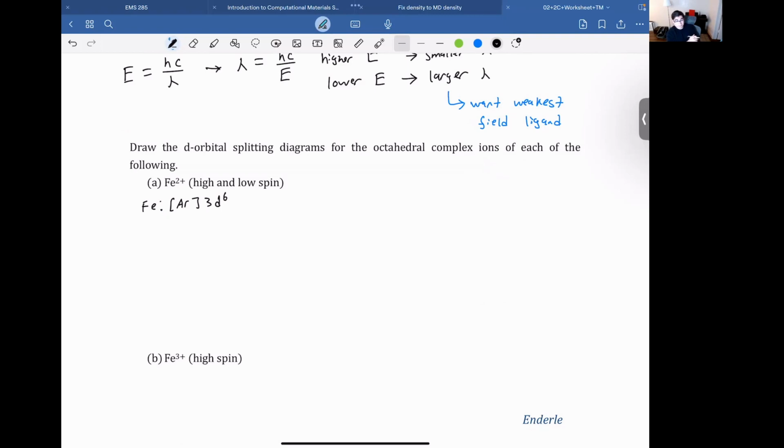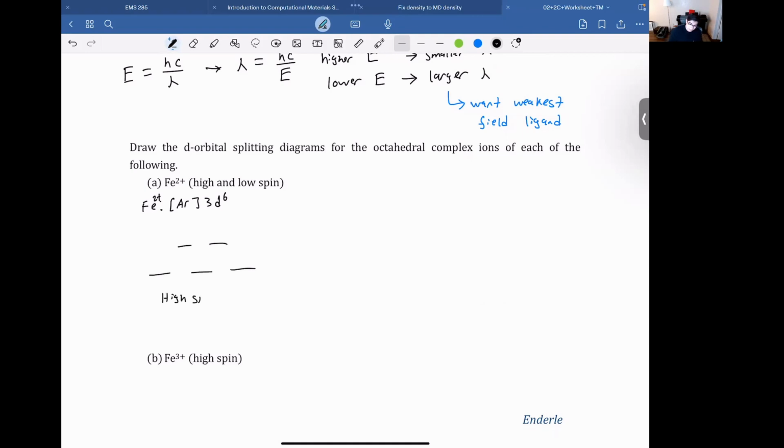Iron 2 plus is that, where it's lost 2 electrons. Right, because it loses the 4s electrons first, and then you have that many left. All right, so looking at this, we have an octahedral complex. So our orbital diagram looks like this.